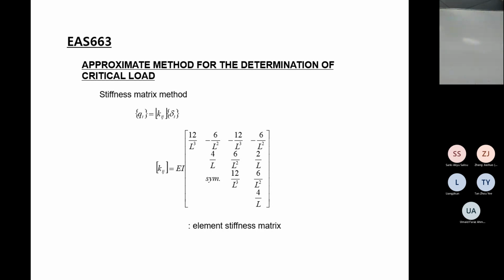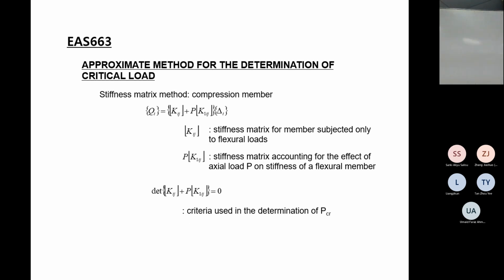So this can be used to solve problems subjected to load like a beam. In order to extend this to the case where you have axial force acting, for example, a beam column, we have to add to this stiffness matrix another term which accounts for the effect of having axial force, compression.